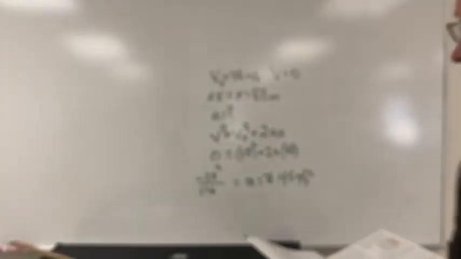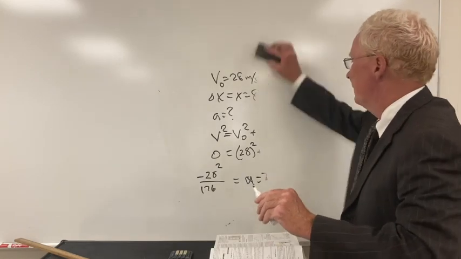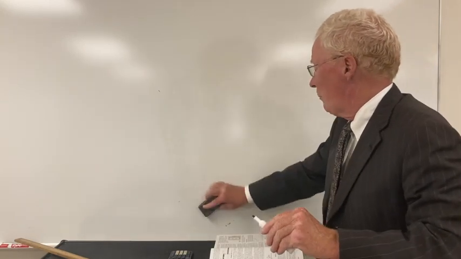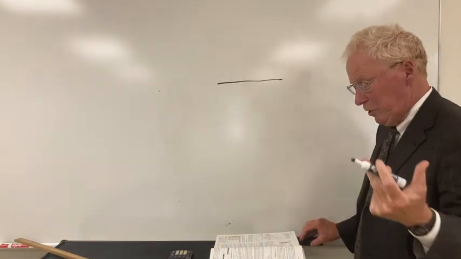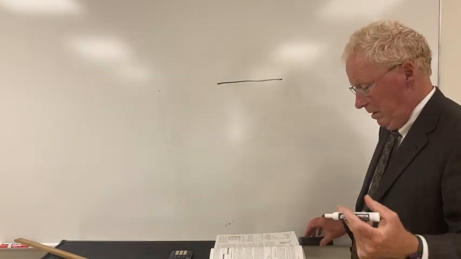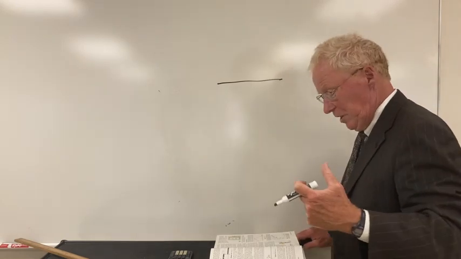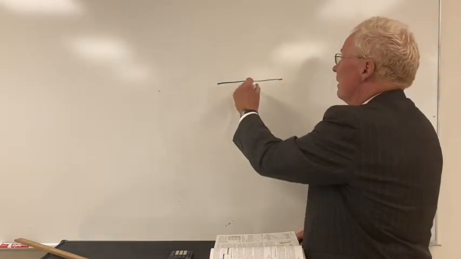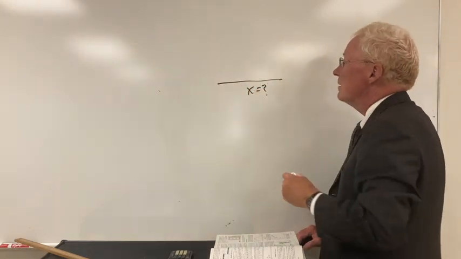All right. For this kind of problem, whenever you have a problem, sketch out what you're doing, put down what you know, and then what you are trying to find out. So in this case, it travels a distance x, which is what we're trying to find out.